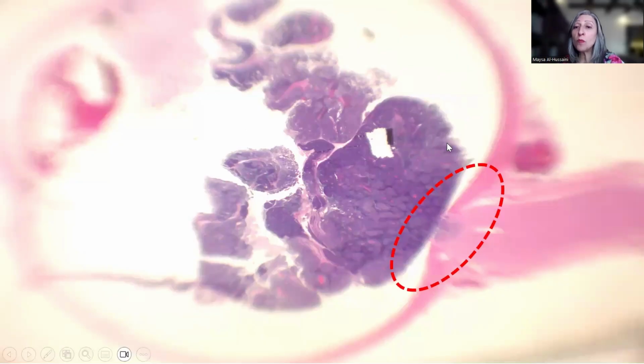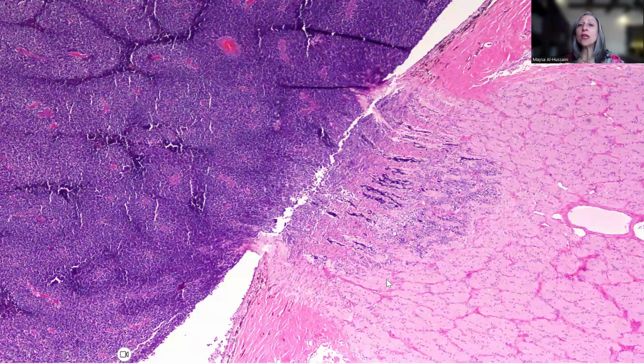Now, zooming into the only high-risk feature that was present in this case, which is optic nerve invasion. As you can see here on a medium power magnification, this is the tumor, this is the head of the optic nerve, and here and here is the sclera.